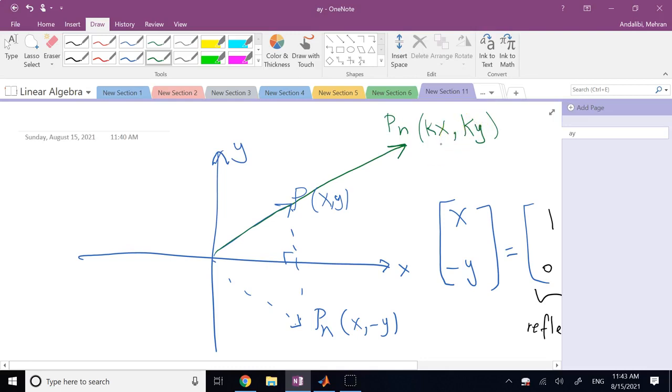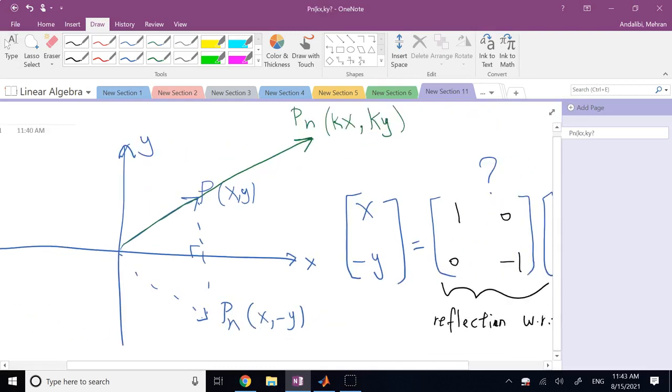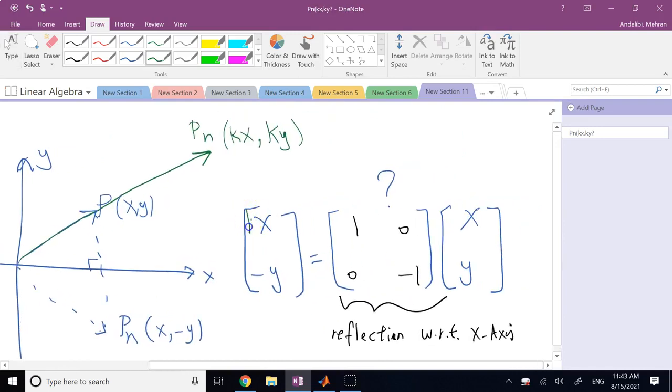If it's less than 1, you're shrinking it. Correct? So if this is kx and this one is k times y, clearly I need it to be k and 0, 0, and k. So it's a diagonal matrix with the scaling factor on the diagonal. Correct? That's all it is.